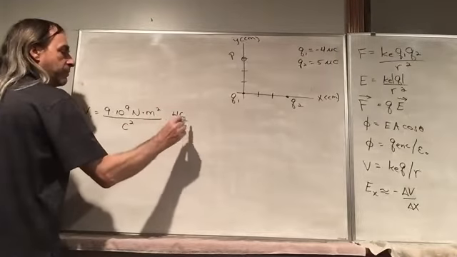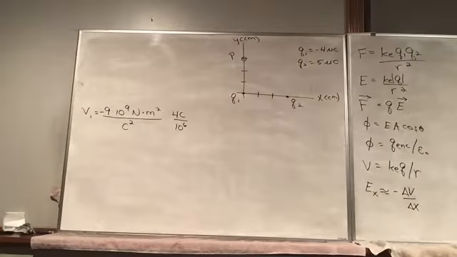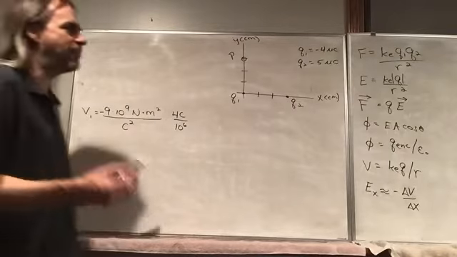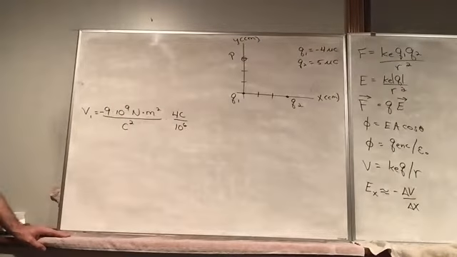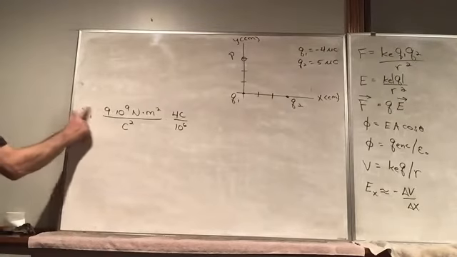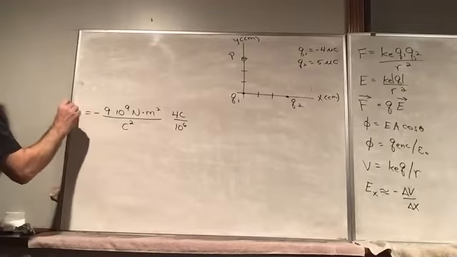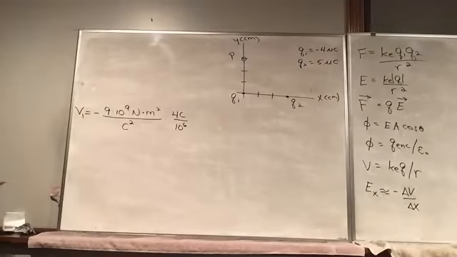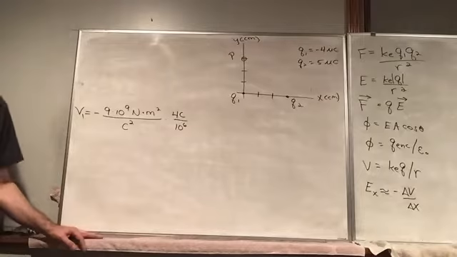Now, in this case, I'm actually going to plug in the minus sign. I really emphasize that when you're talking about electric fields, completely ignore that minus sign and just put the magnitude in. But in this case, we might as well put it in. The reason for the difference between these two cases is that electric fields are vectors.